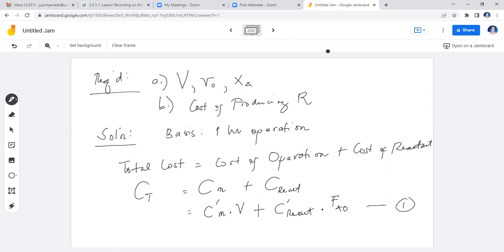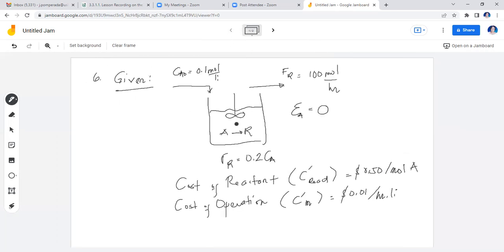So we need first to think of what are the things that we know already and things that we don't. In the case of the volume, do we know the volume of the reactor? I asked you a while ago to give out the information that was stated in the problem and there's no volume.